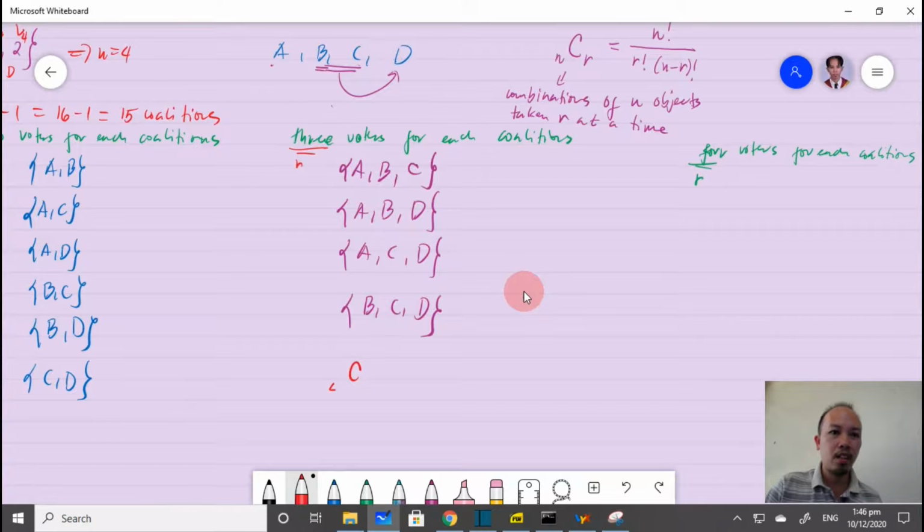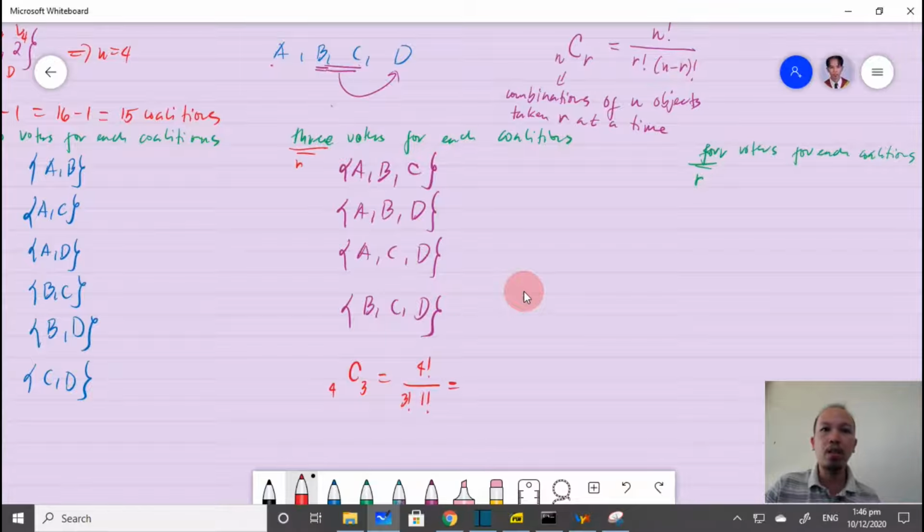Using the formula, we have C of 4 taken 3, so we have 4 factorial, our n is 4, divided by 3 factorial, and we have n minus r. Our n is 4, our r is 3, so 4 minus 3 is 1, so we have 1 factorial here.